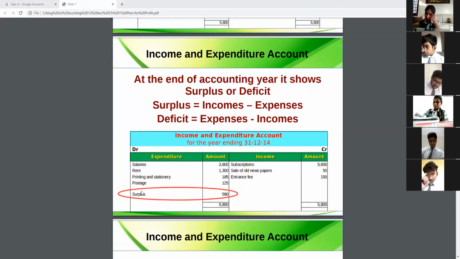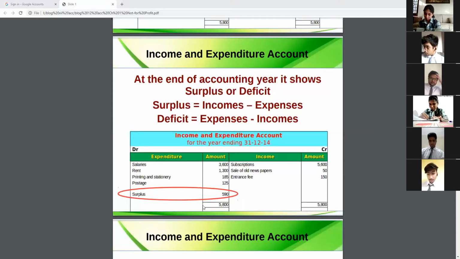But please, in the bracket, you should write excess of income over expenditure. Artham, you are copying down, beta? For the surplus, you have to write excess of income over expenditure.